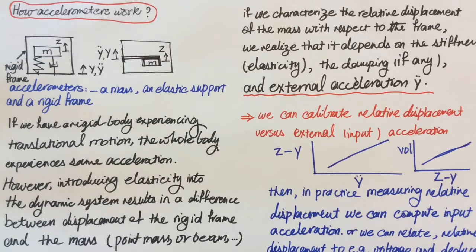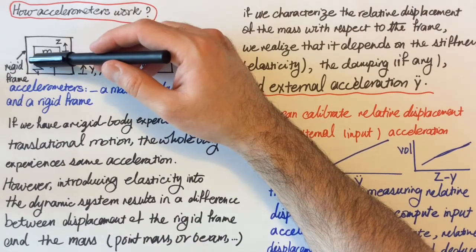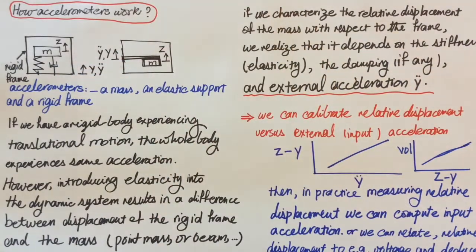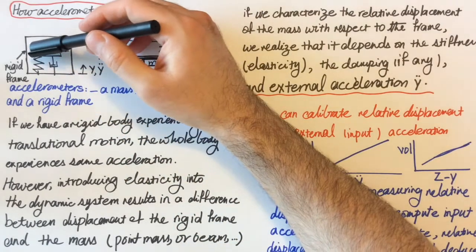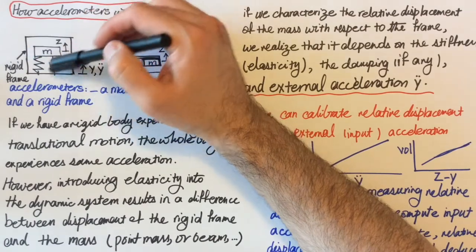Now, however, if I introduce elasticity into this system, somehow I use a spring instead of a rigid link, then you do intuitively understand that, physically speaking, the displacement and acceleration of this mass would not be the same as the frame.